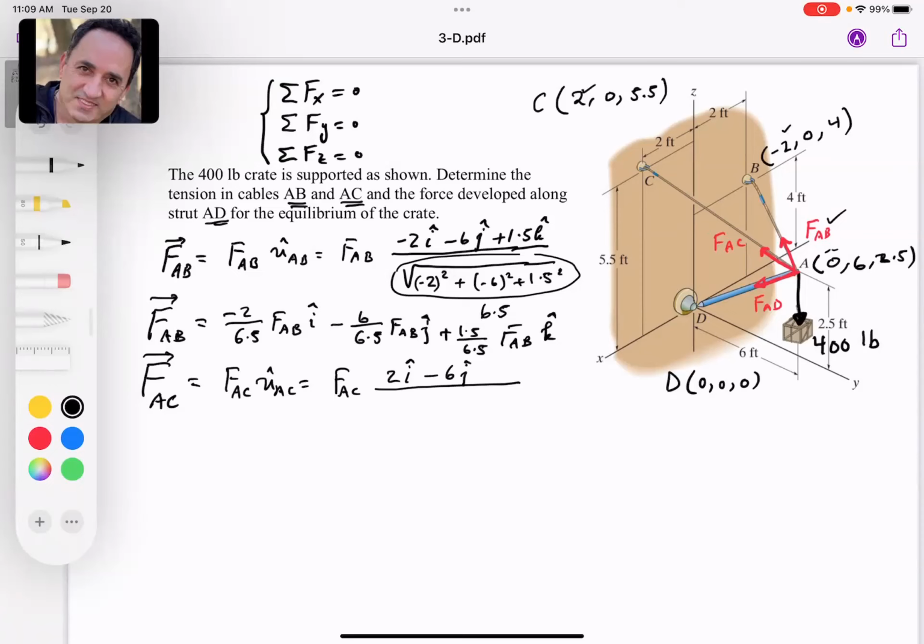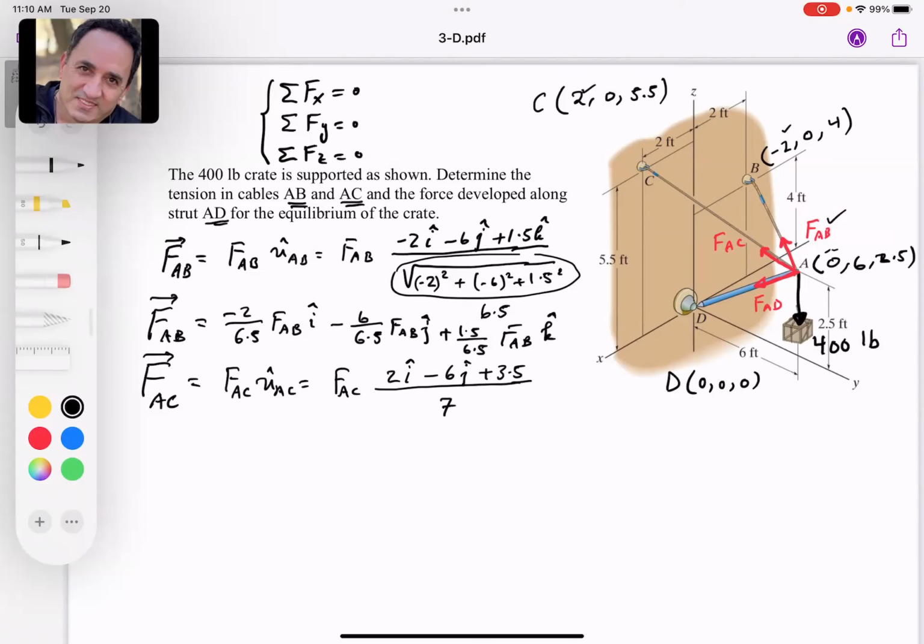And then 5.5 minus 2.5, that's 3.5. Right? And what would be the magnitude of this? I believe this one becomes 7, exactly 7, if I'm not wrong.